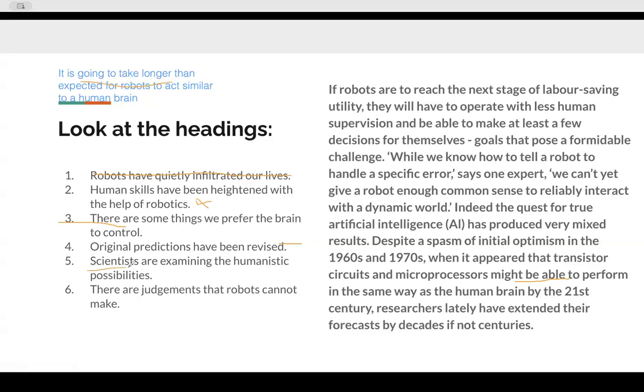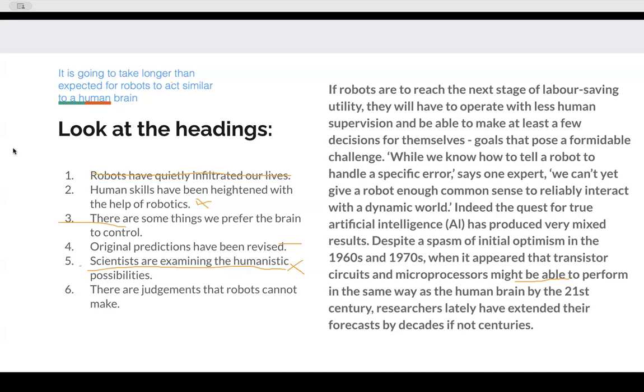Let's see the others. "Scientists are examining humanistic possibilities." They are examining, but I don't think humanistic possibilities are directly being examined here by scientists. They are just trying to explore what is possible with these robots.